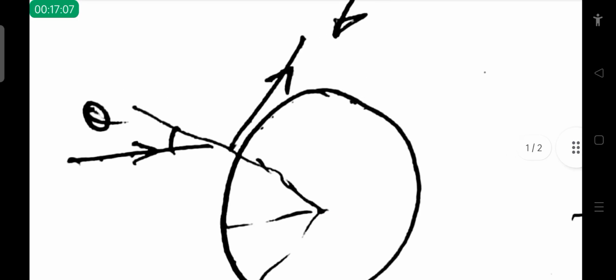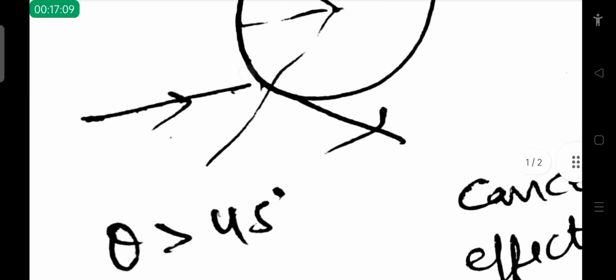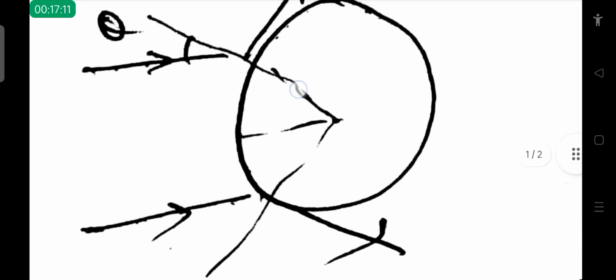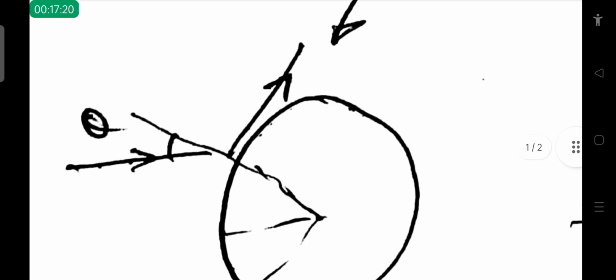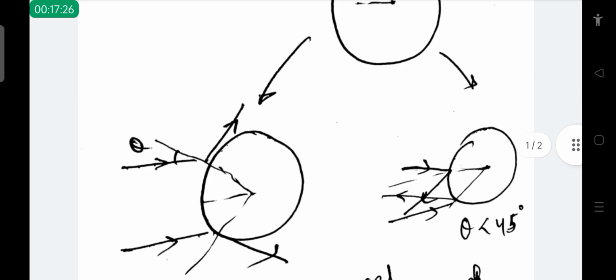And if it is incident at an angle greater than 45 degrees, this will deviate like this. So at bigger angles, they will have a component in i cap only. And if you see both, some light is deviating backwards, some light is deviating in front.